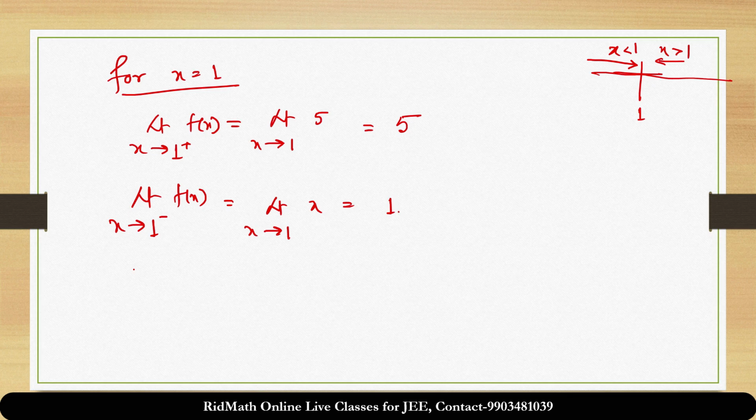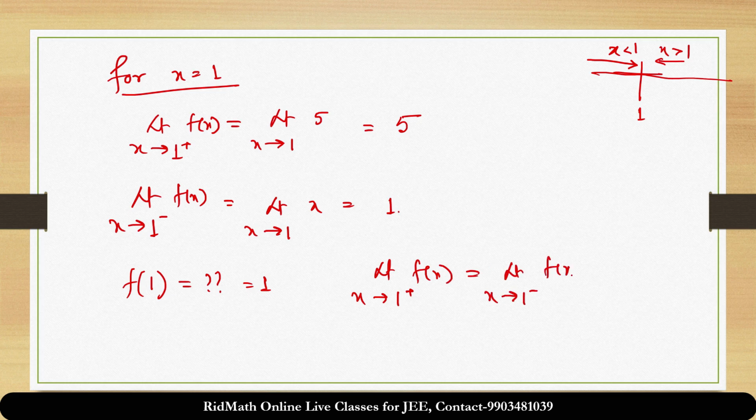And we will not check what f(1) is; for this, f(1) is also 1. But observe that limit as x tends to 1 plus of f(x) and limit as x tends to 1 minus of f(x), these two are not equal. That means this implies that f(x) is not continuous at x equal to 1.